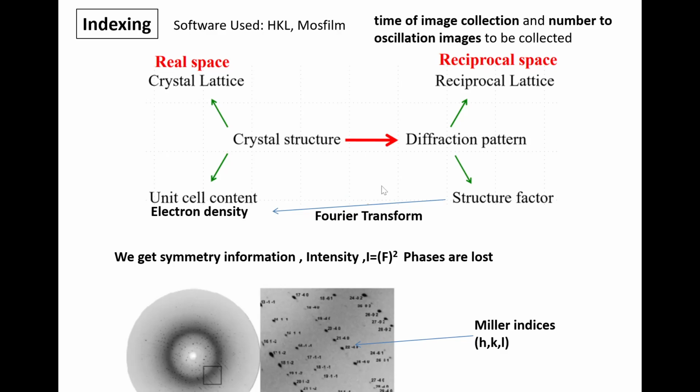What we do here is that you get a diffraction pattern, but you don't want that diffraction pattern. You want the electron density in your computer. Your computer has an algorithm that takes this diffraction pattern, which comes from the diffraction of your crystal and forms in the reciprocal space.